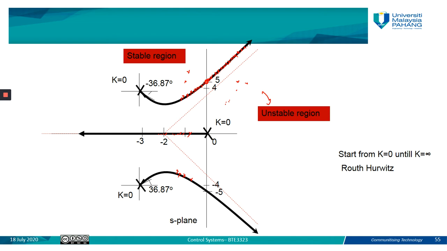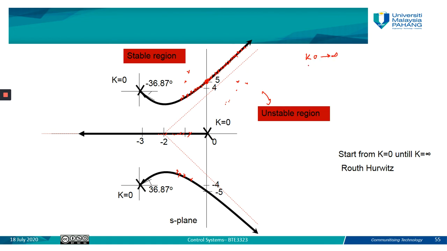If k equals 150, as we mentioned before, the system will be marginally stable. If k is less than 150, our system will be stable. The value of k always changes from 0 to infinity. The minimum value is 0, and the maximum goes to infinity.